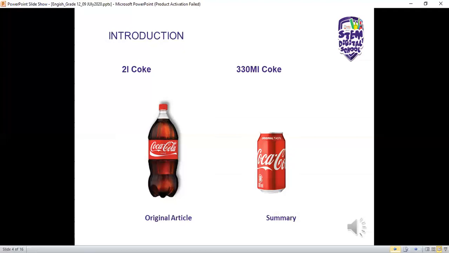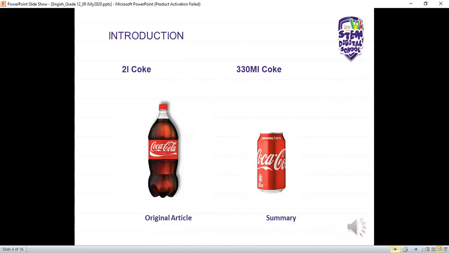How do you do that? You just hold on to the main ideas, or the main facts, contained in whatever article you're summarizing. So as you reduce it, you make sure to keep the main ideas.